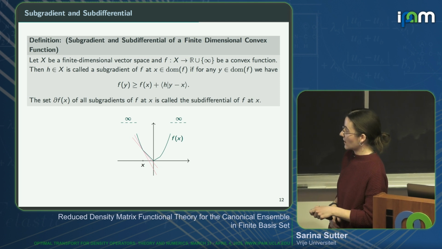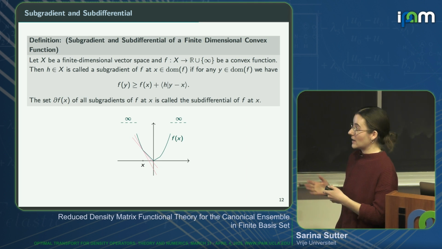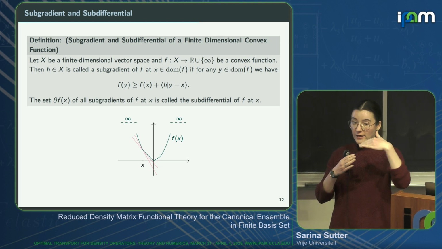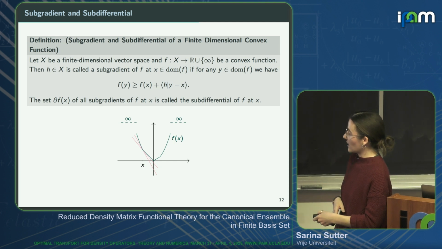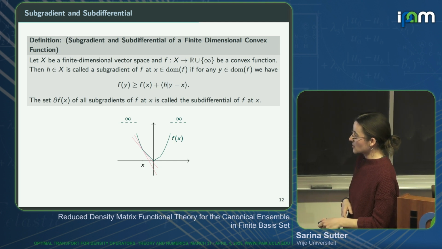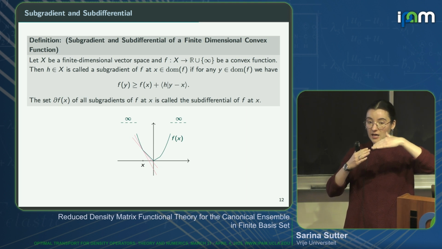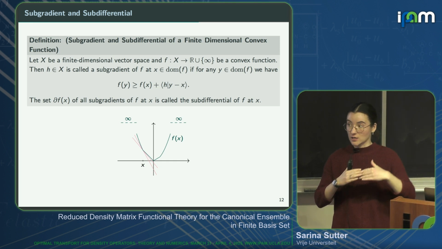This is an illustration of it. We have here a convex function, and as already mentioned in the name, it is a generalization of differentiability, because this means that we have tangent lines aligned at this point f of x, and the inequality means that the tangent line is fully below the convex function.